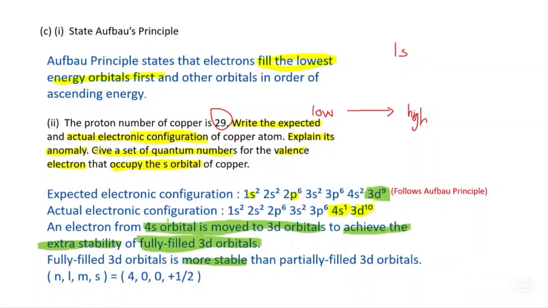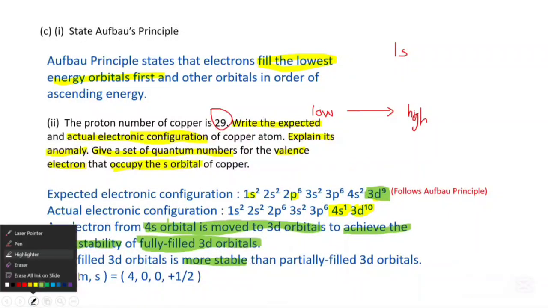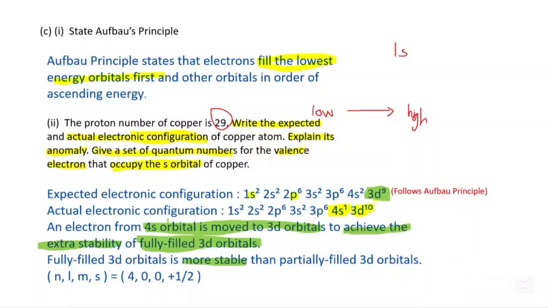Okay, next, the last question: they asked to give a set of quantum numbers for the valence electron. What is a valence electron? The valence electrons are 4s1 and 3d10. But the question specifically asks for the s orbital, so we will look at 4s1 only.